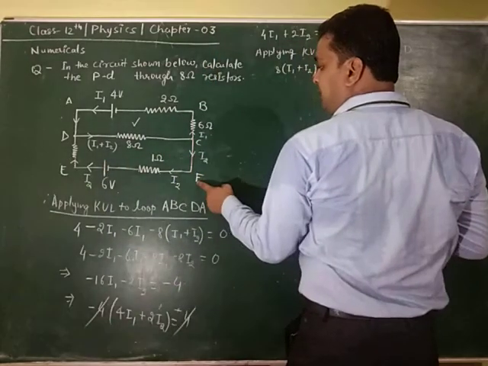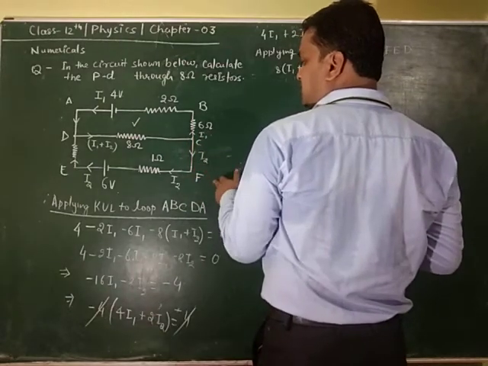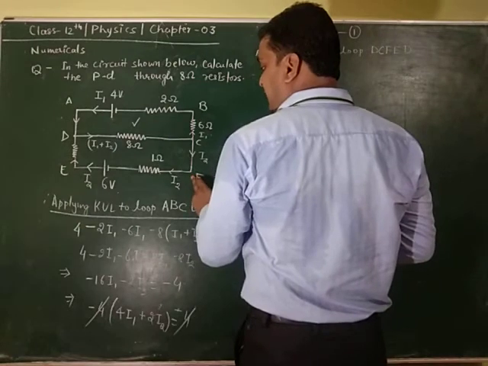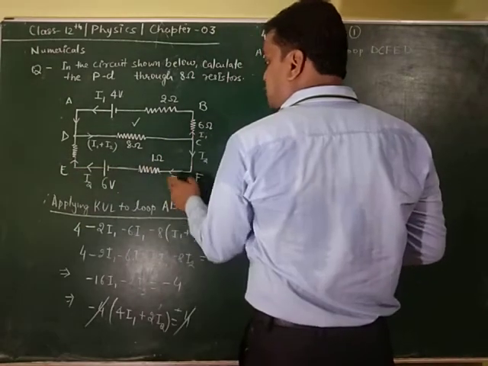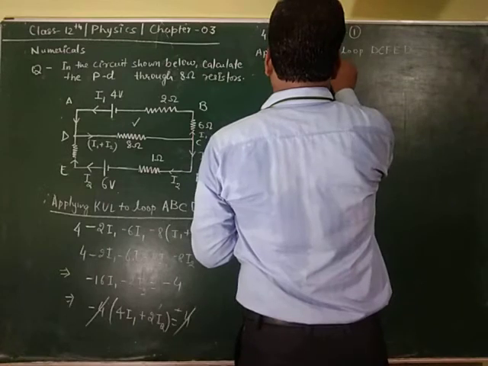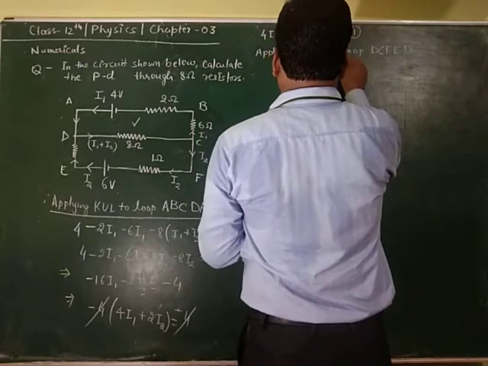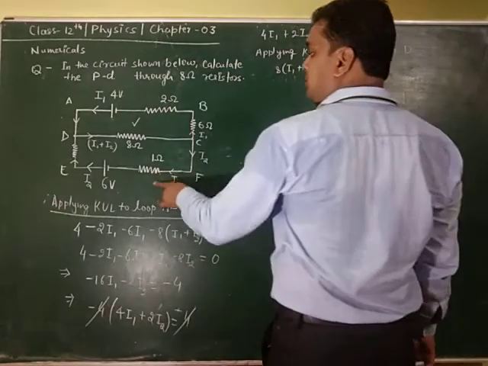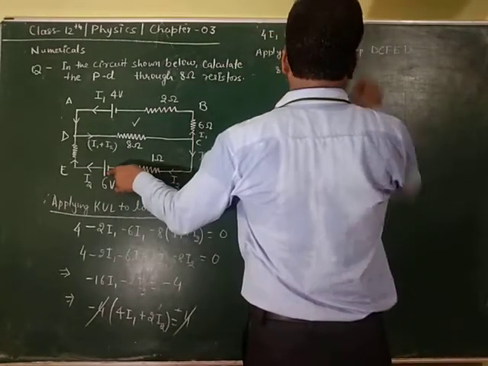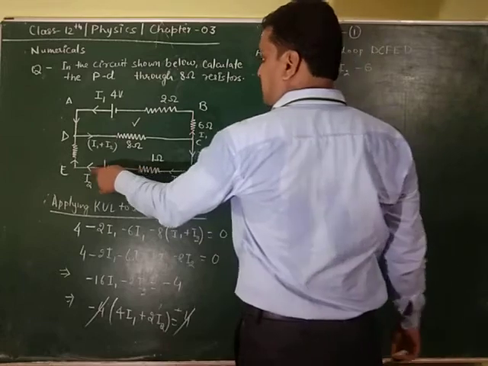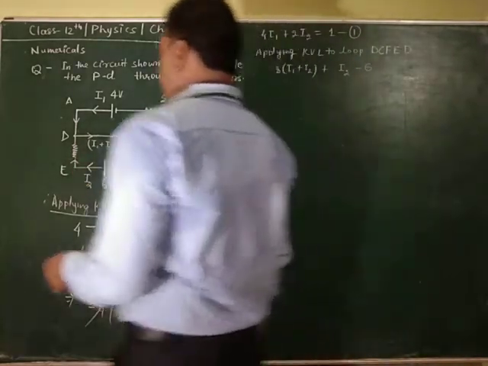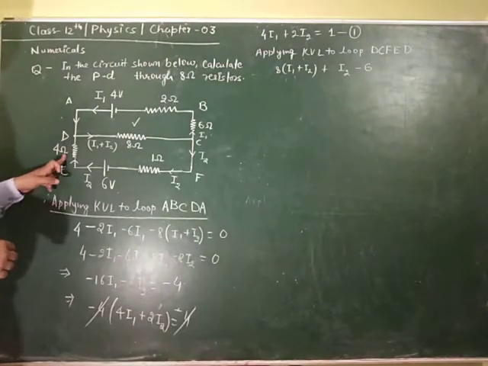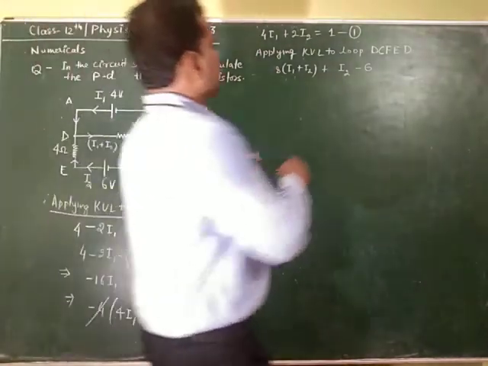Again C to F, there is nothing, no resistor at all. F to E, while moving F to E, I2 into 1. There is another I2 into 1, so it will be 1 into I2, that is only I2. And while moving, the negative terminal is encountered first, that is minus 6. And there is this resistor, sorry, I have not written this, 4 ohm, 4 into I2.